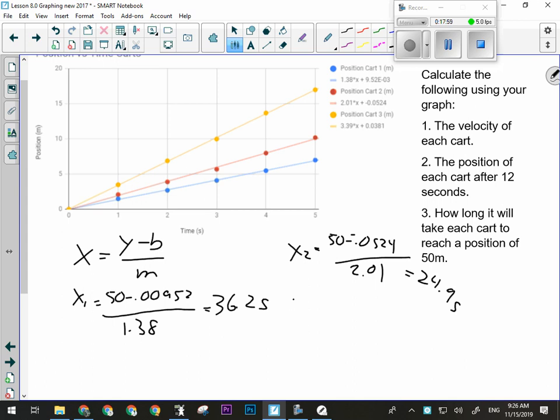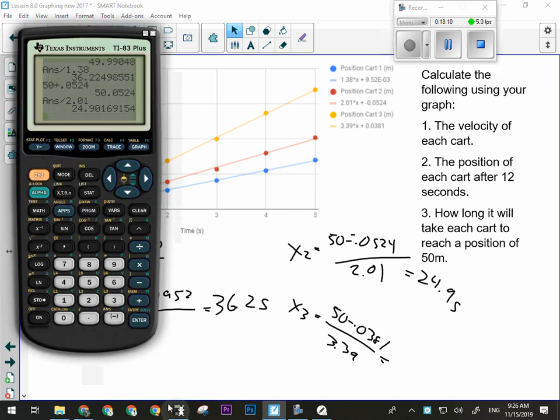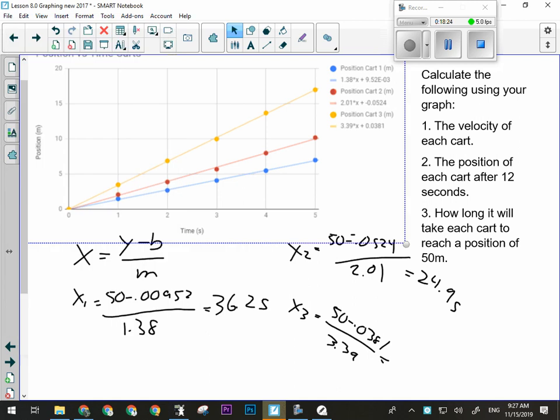And then for cart number 3, 50 minus 0.0381 divided by 3.39. We should notice that as the carts are getting faster, the times are getting smaller. 14.7 seconds.